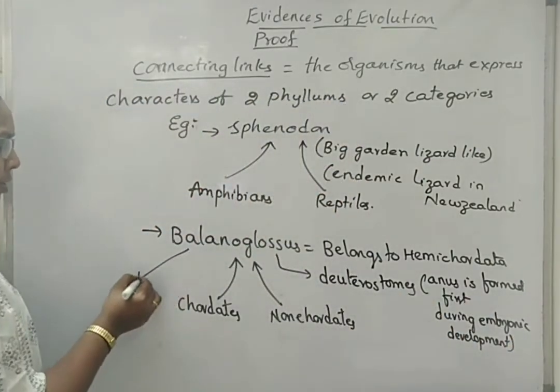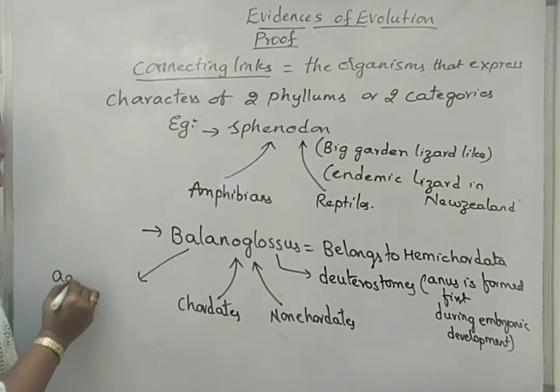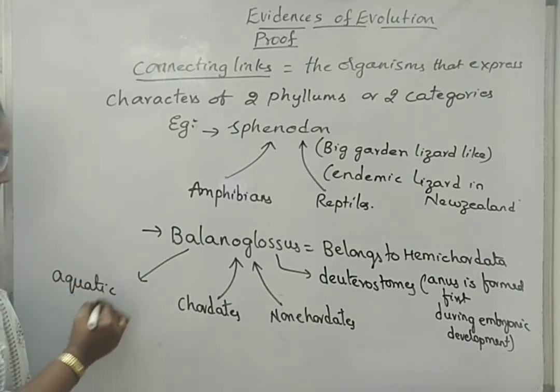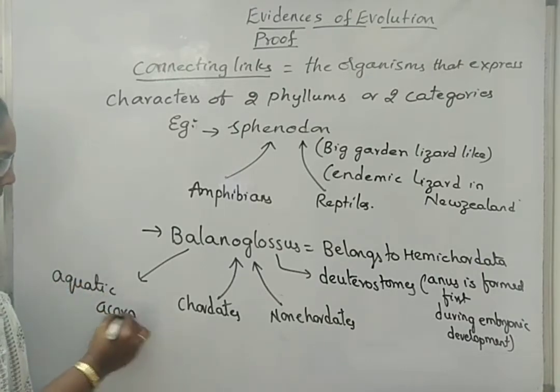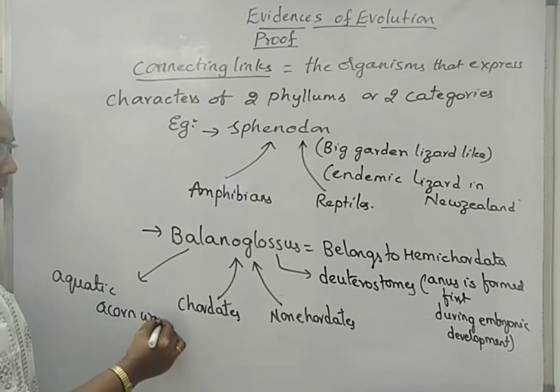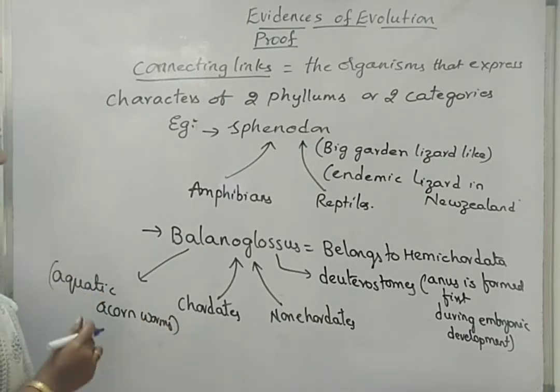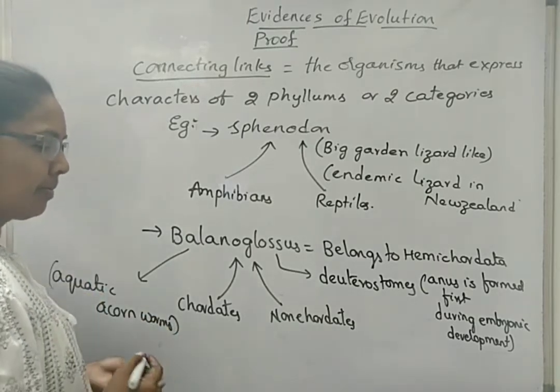Next, Balanoglossus are aquatic acorn worms. This is another term given for Balanoglossus.